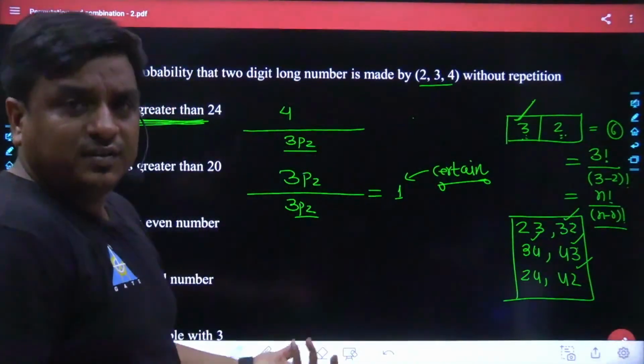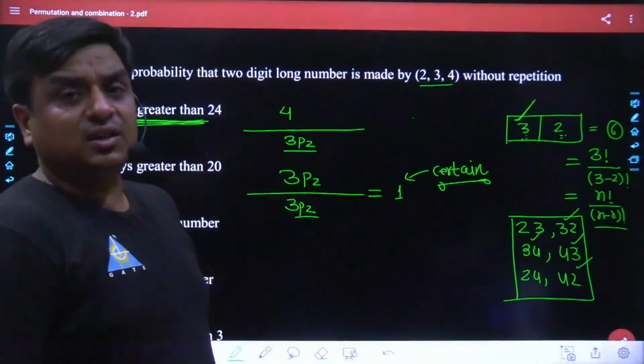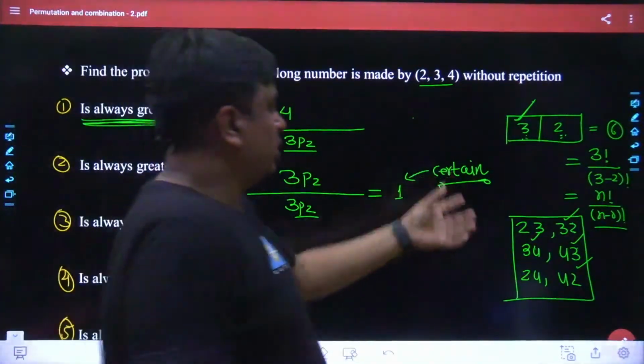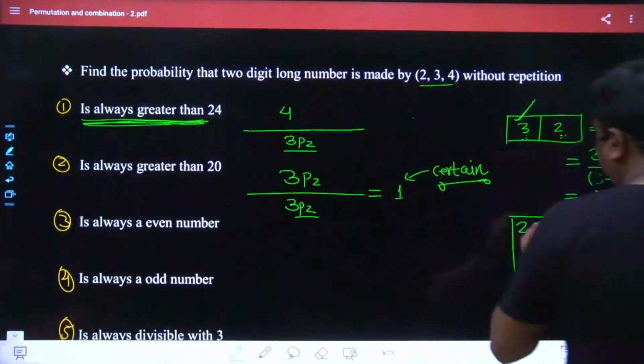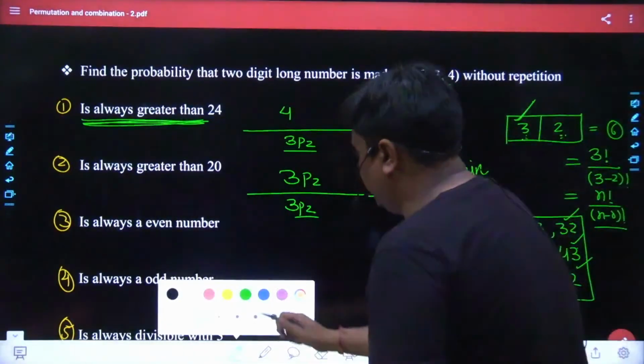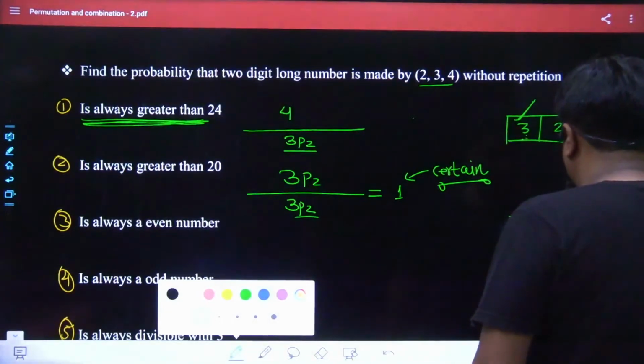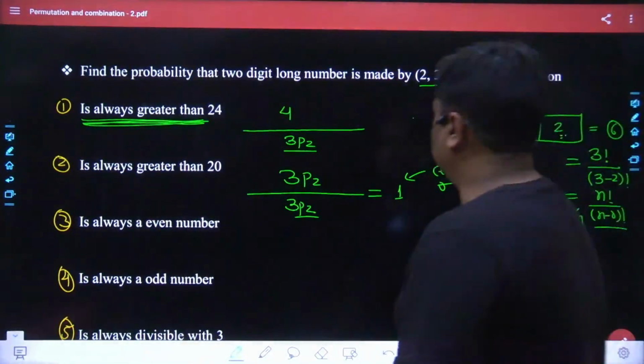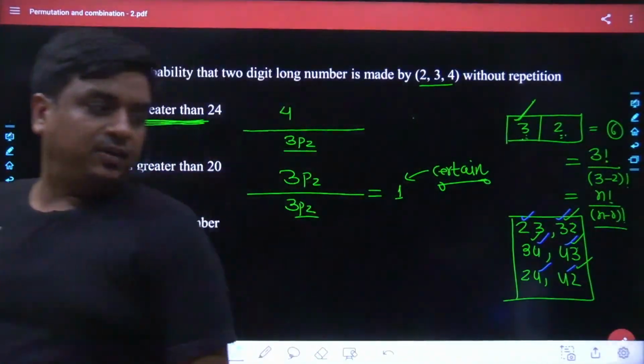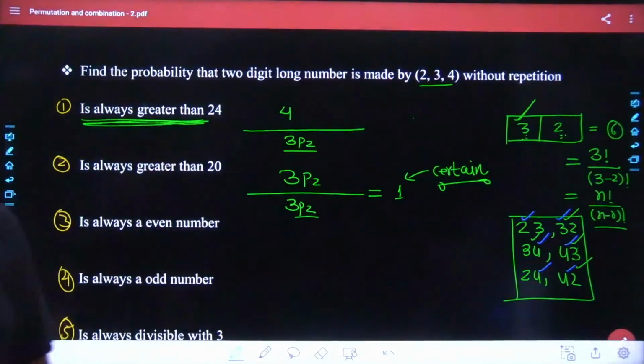Whatever number you frame, it would always have a value greater than 20. If you don't understand, have a look at this bunch. 23 is greater than 20. Here 32 is also greater, and 34, 43, 24, 42. Everything is greater. So obviously, it is a certain event.